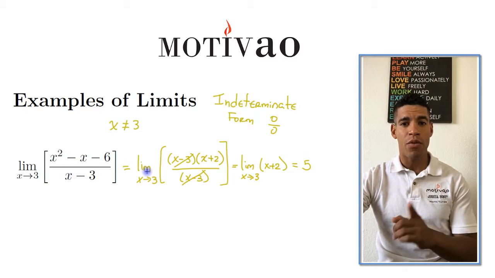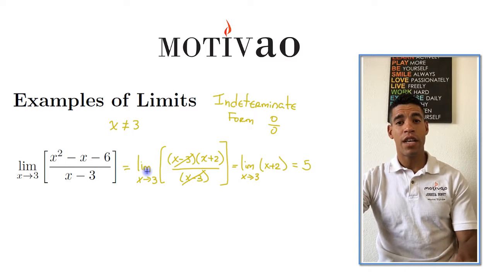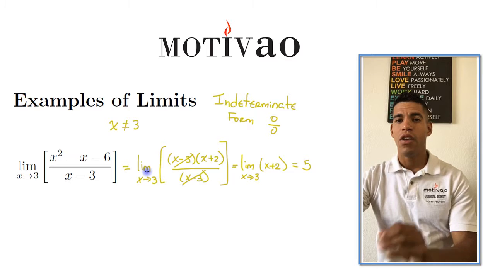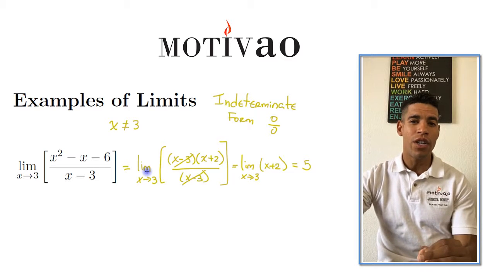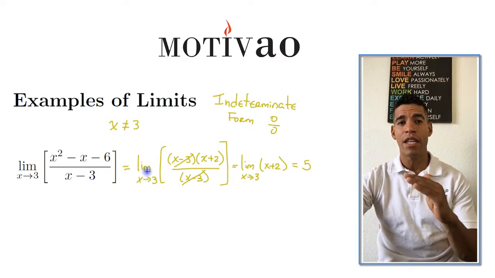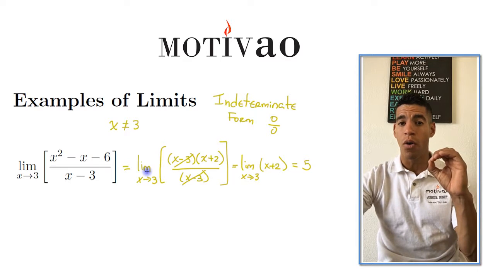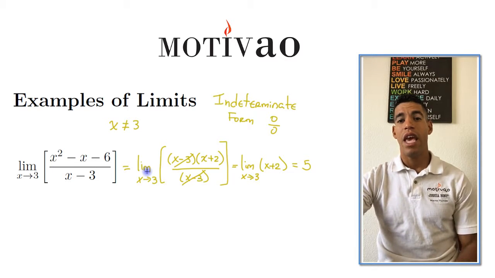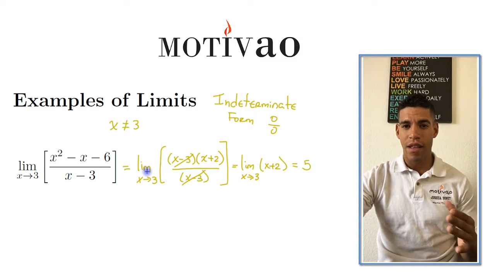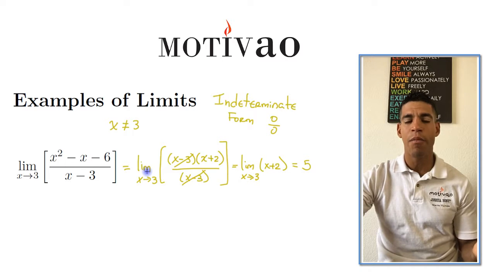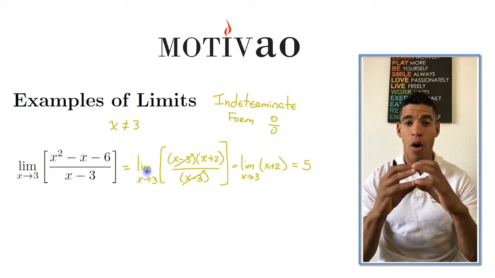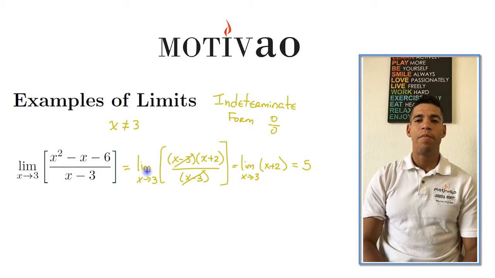X cannot be equal to 3. Now the function x plus 2 has no restriction in the domain. So if I were to draw this function, it would be the same line of x plus 2, but with a hole, an open circle, at x equals 3. That's the main difference. It sounds like it's not a big deal, but it is, okay? Because there are two different functions, just because of that little hole in there, okay?